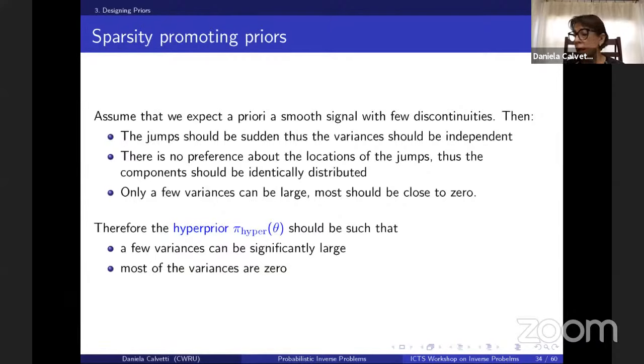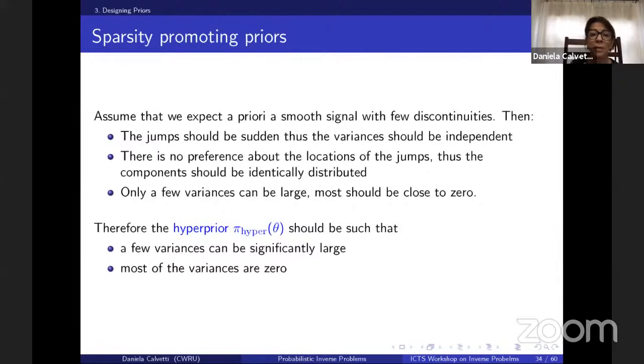And when we choose the distribution, we should choose one such that most of the variances will be close to zero, and zero can then be tuned to be close to a background. The signal should not, for the most part, deviate from a background, but it could have a few variances that are very large, but only a few. Few, in statistical terms, should bring up the notion of outliers.